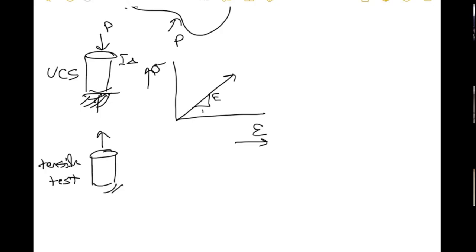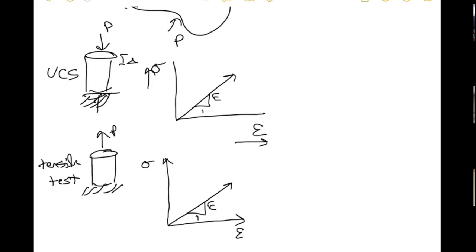And so if you could somehow grab it on the top and somehow pull it, you would again measure stress and strain. Now I'm using a different sign convention. The strain is extension. And again, you'll measure a slope, and that slope by definition is E.